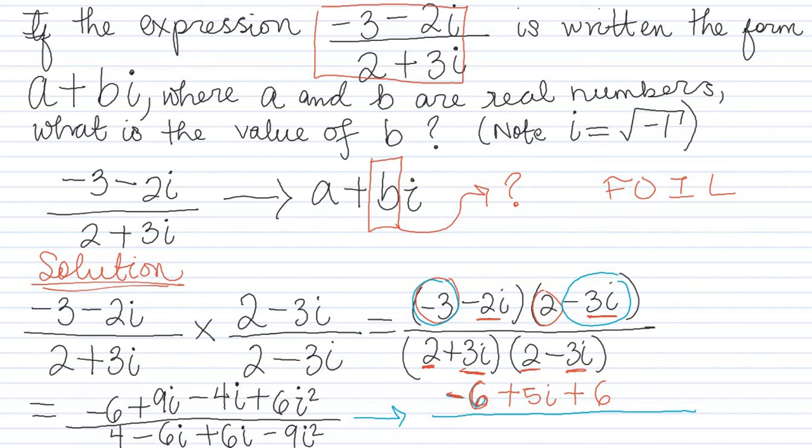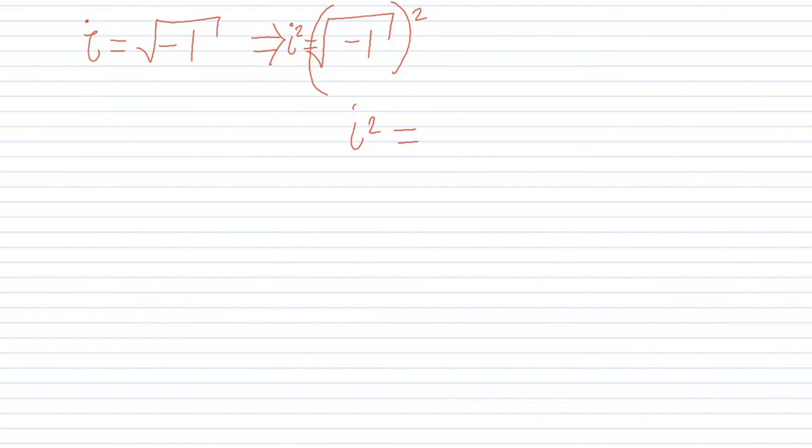Now, what do we know i squared to be? We know that i, first of all, is the square root of negative 1. So therefore, i squared is equal to the square root of negative 1, all squared.